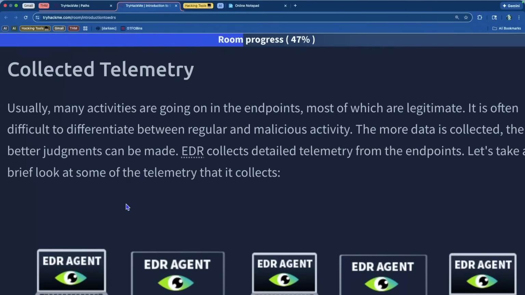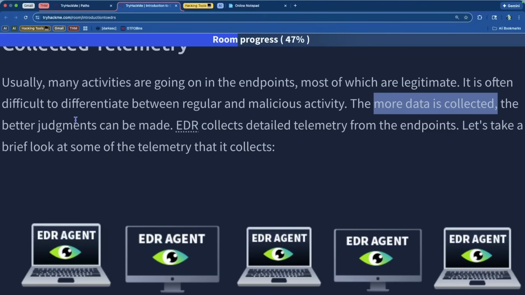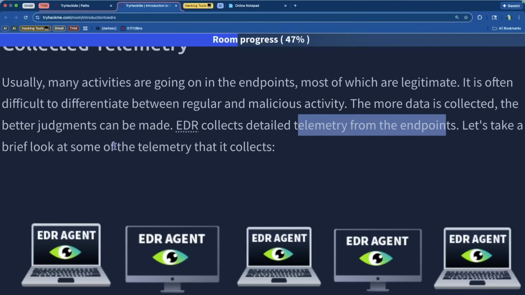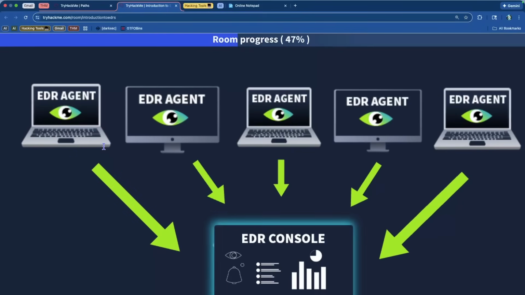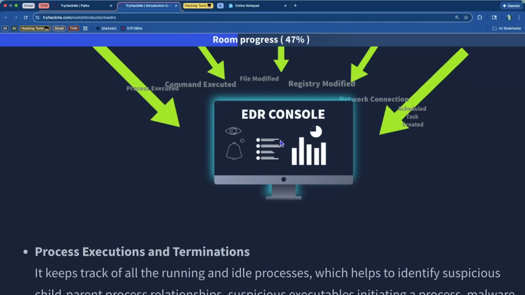Collected telemetry. Many activities are going on in the endpoints. Most of them are legitimate, but it's often difficult to differentiate between regular and malicious activity. The more data that is collected, the better the judgments that can be made. So EDR collects detailed telemetry from the endpoints, and we'll look at some of those things now. EDR agents forward their data to the console.